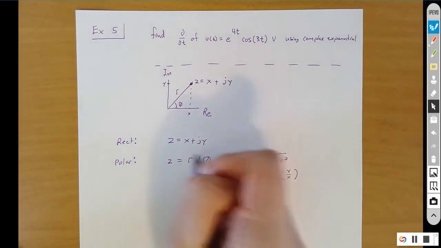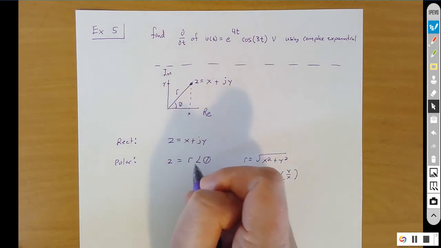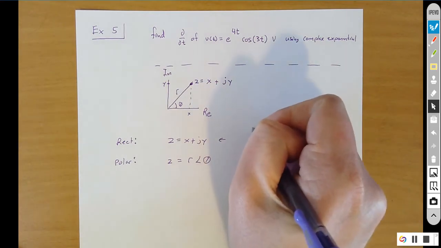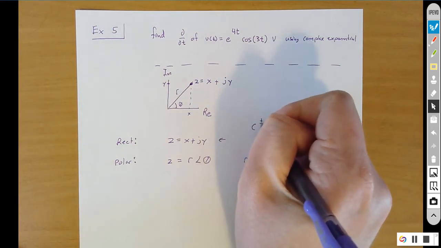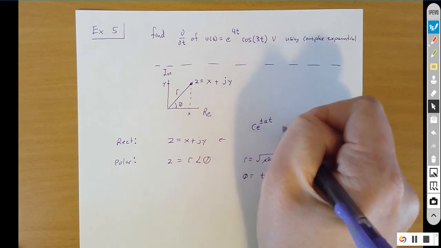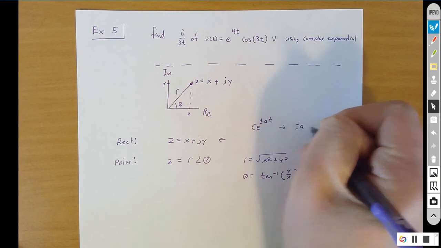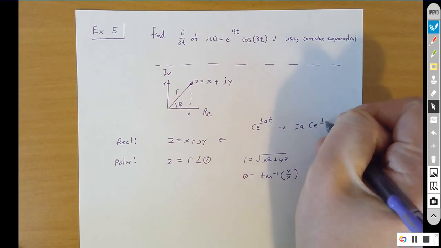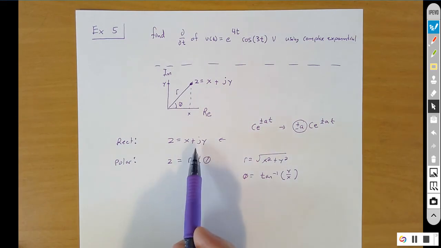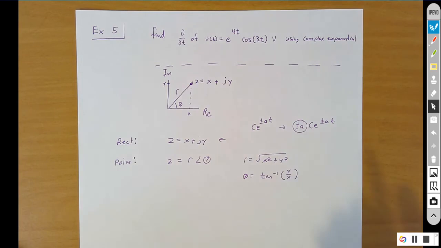The ultimate goal is to get this all back into an exponential. Going all the way back, we had c e to the plus or minus at, and then out came a plus or minus a, and then c e to the plus or minus at. And this plus or minus a lot of times is going to pop out as some kind of a complex rectangular thing, and we want to turn it back into an exponential so we can do exponential math.